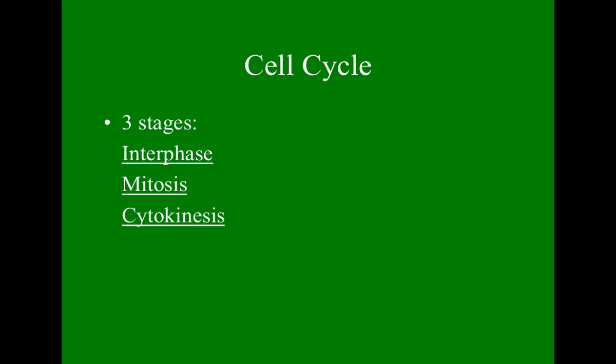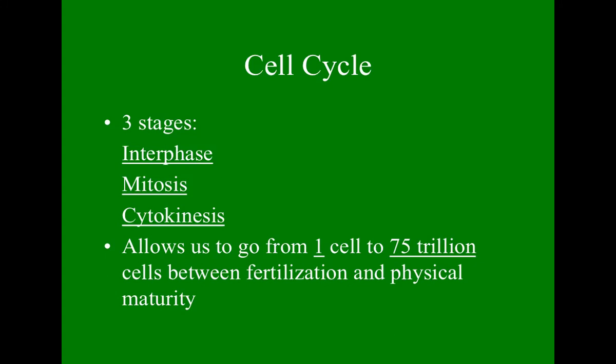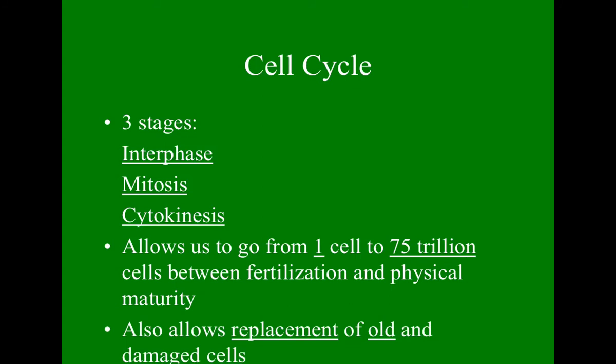And this cell cycle is what allows us as humans to go from one cell, what we call a zygote, when we have that combination of sperm and egg, to over 75 trillion cells when we reach our physical maturation, which many of you are very close to. In addition, it is the process of the cell cycle which allows us to replace old and damaged cells.